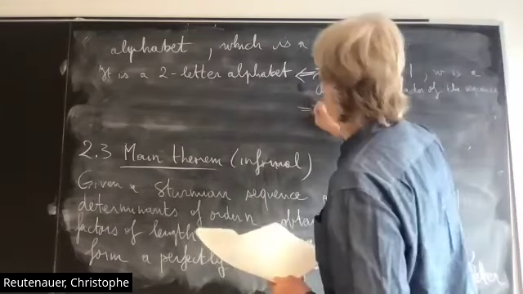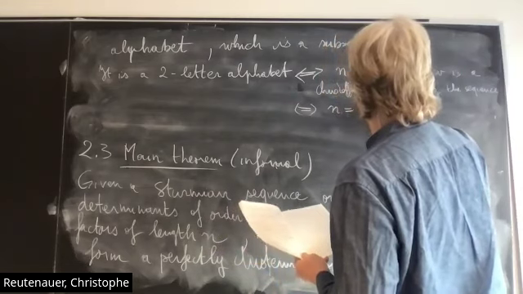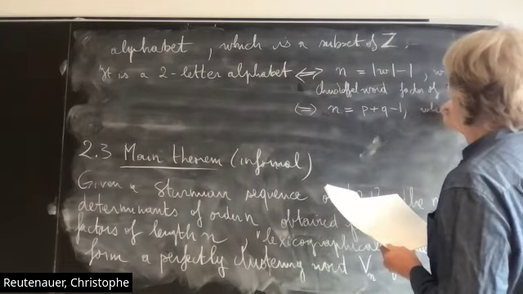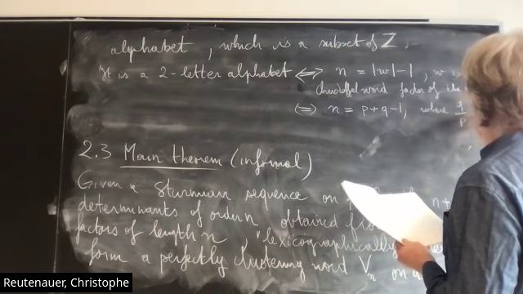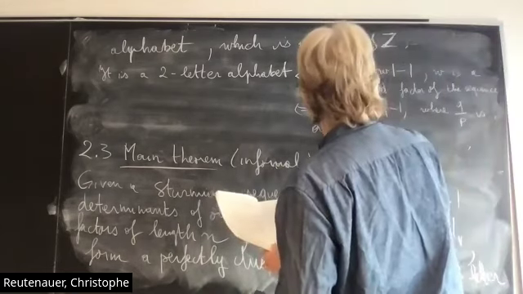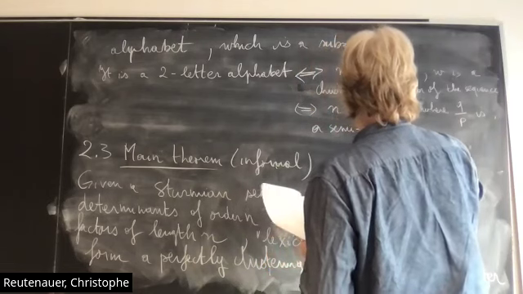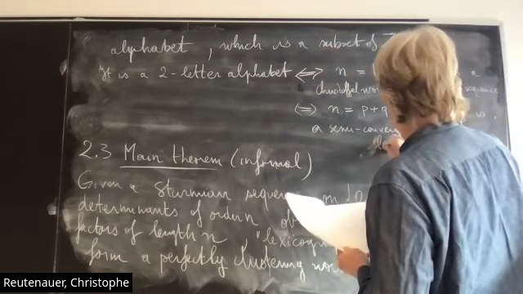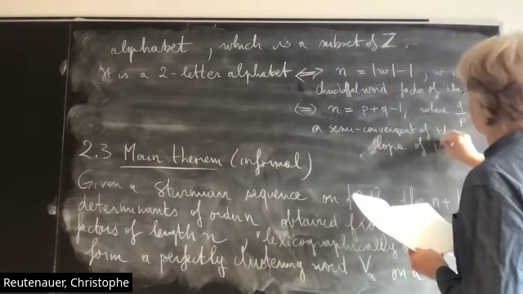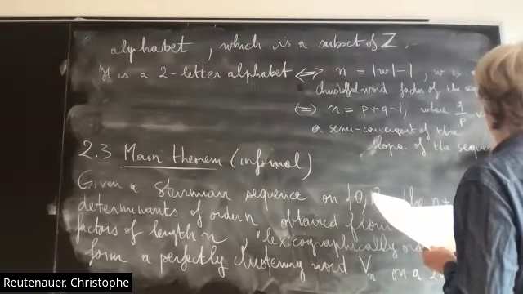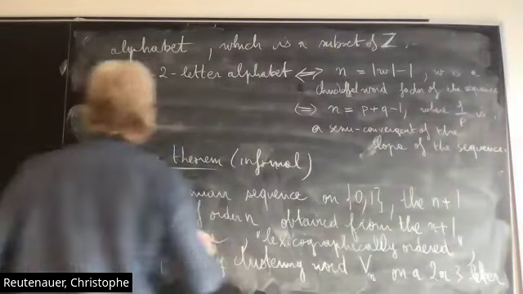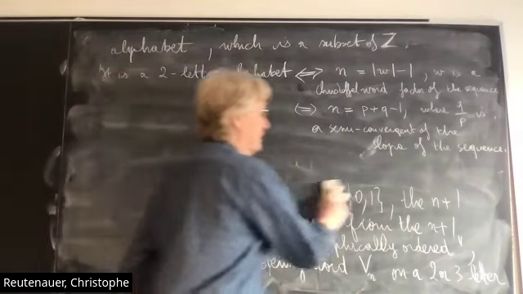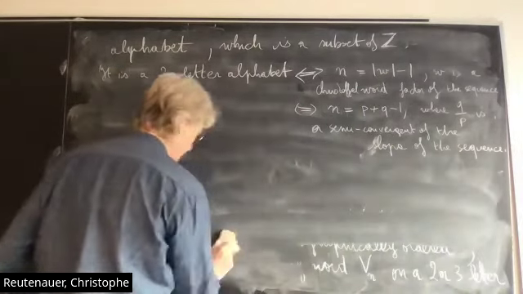And this is equivalent to saying that n equals p plus q minus 1, where q over p is a semi-convergent of the slope of the sequence. Now, this is the case where for a given n, there are only two values of determinants. Otherwise, there are three.